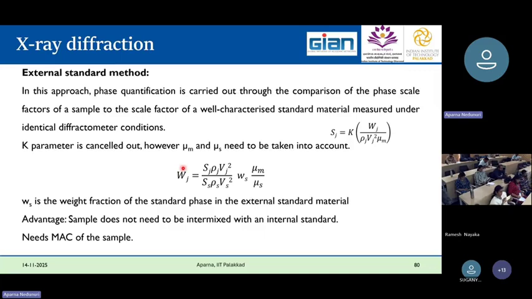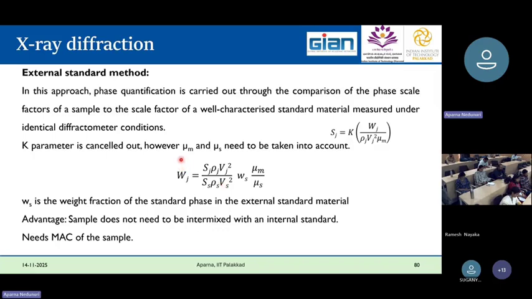We also take the XRD pattern of the standard separately in two different experiments, but using the same diffractometer conditions. Then we do the Rietveld analysis on that. From there, we can cancel out the K because we'll get Sj, which is the Rietveld refinement scale factor for our sample. Similarly, Ss, which is the Rietveld refinement scale factor for the standard.